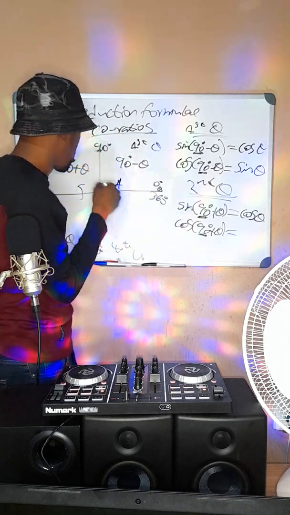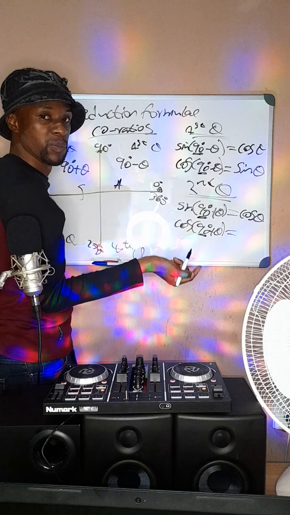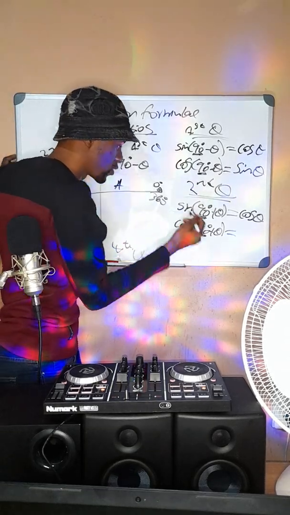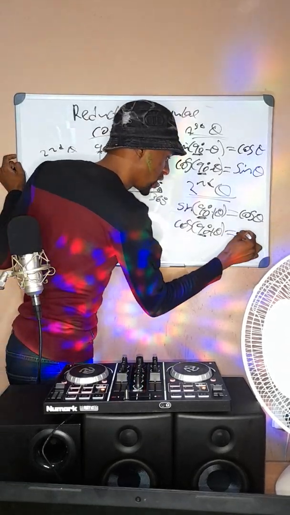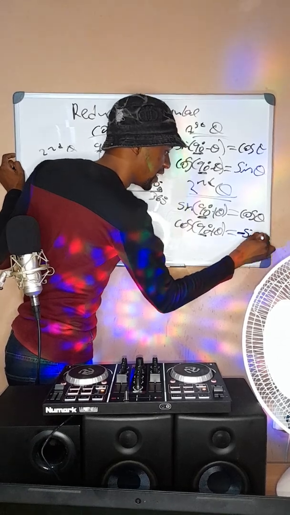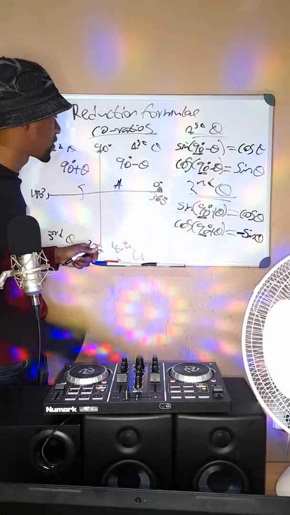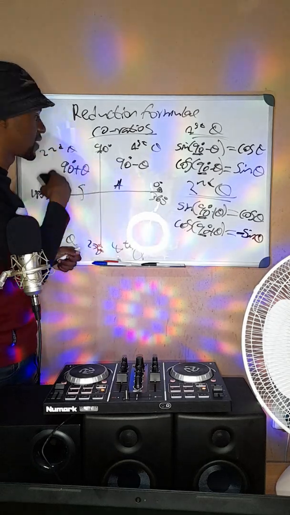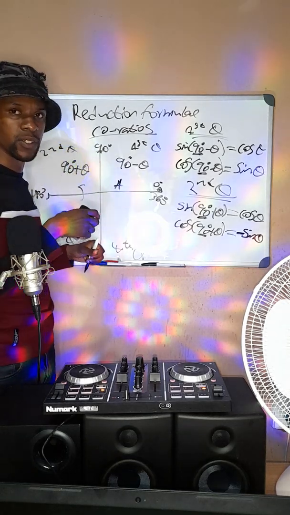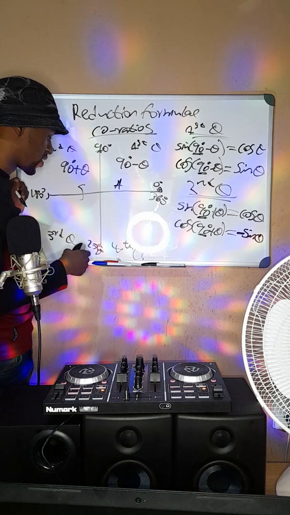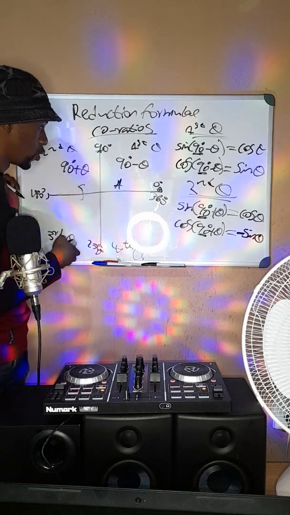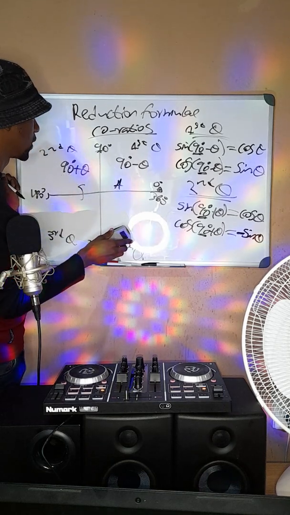We remember very well that only sine is positive, then it means the rest they are negative. Then this is going to reduce to negative the sine of theta there, okay? That's all about the co-ratios. We only focus in the first quadrant and in the second quadrant with the 90 degrees only there, okay? Even this one is a co-ratio, but we focus only on the 90 degrees, okay?